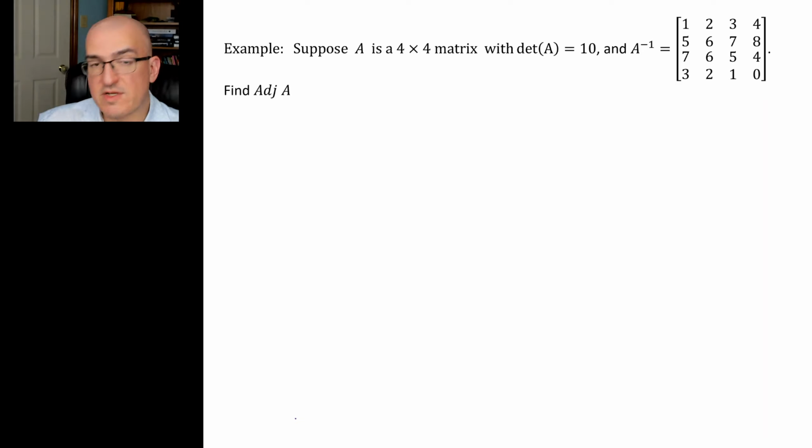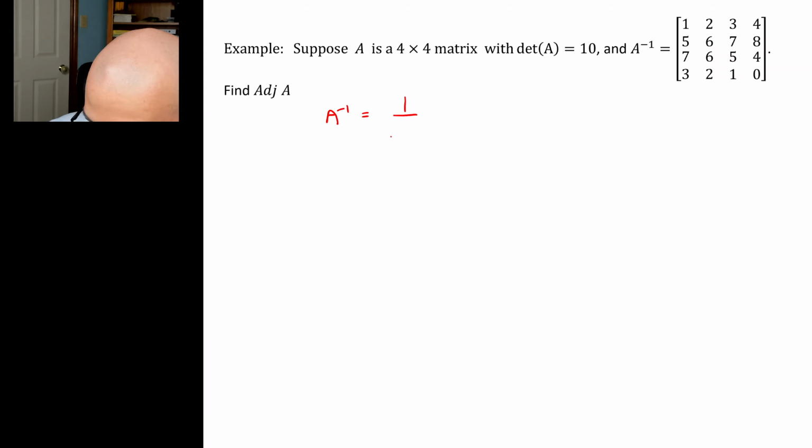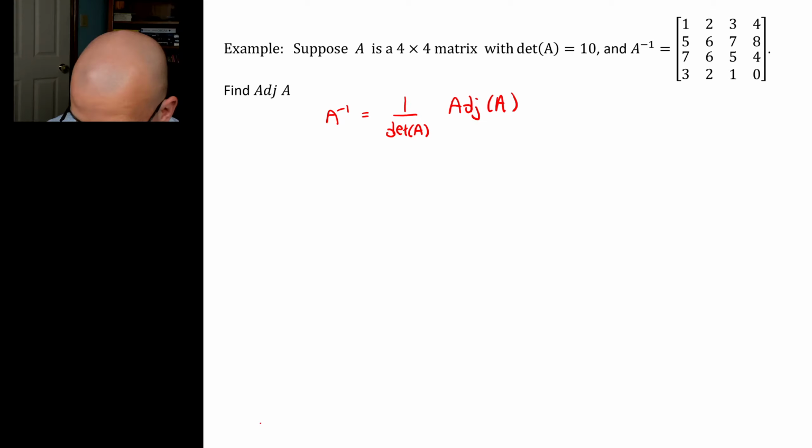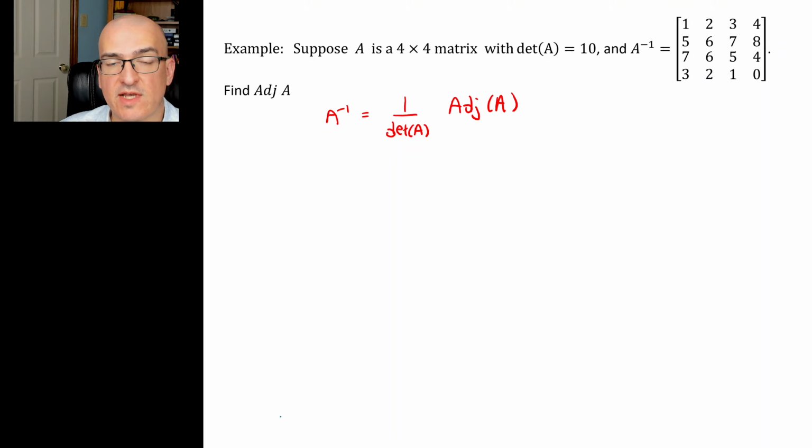All right, here's another similar in spirit example to that one. We're given the inverse. We're given the determinant, and we're asked for the adjoint. So we start with the formula that A inverse is 1 divided by the determinant of A times the adjoint of A. And now we're going to cross multiply. We're going to isolate for the adjoint of A, since that's what we're after.